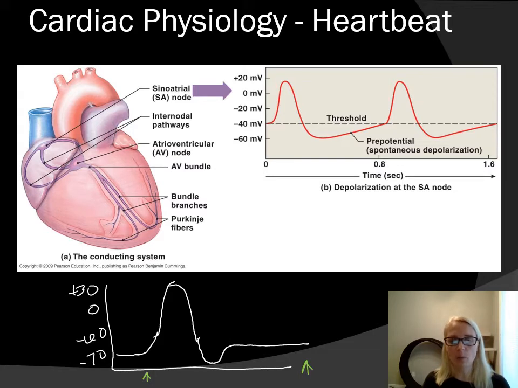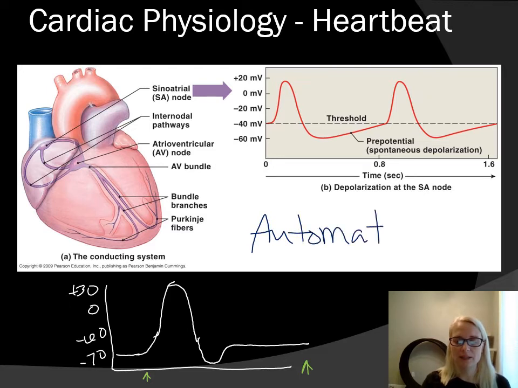That comes all by itself in the heart, and there is a term called automaticity. Automaticity is the ability of a cell to reach threshold and do an action potential all by itself, outside of any other input.